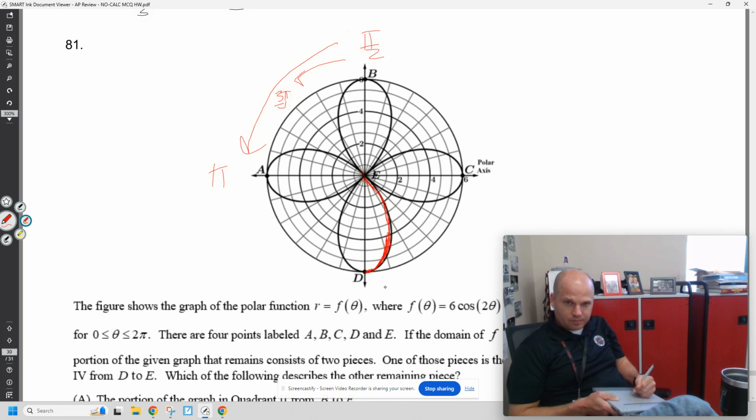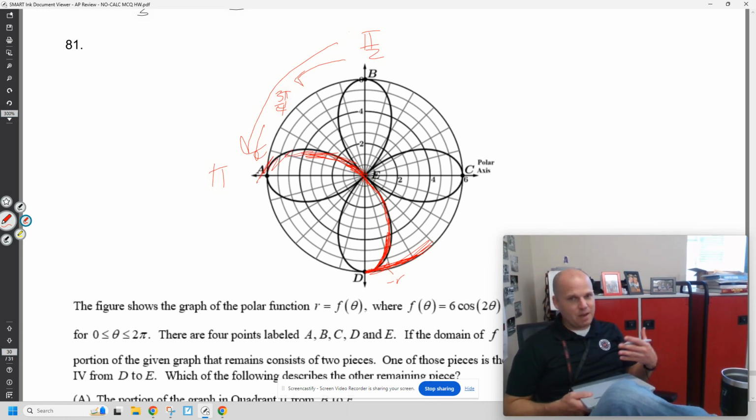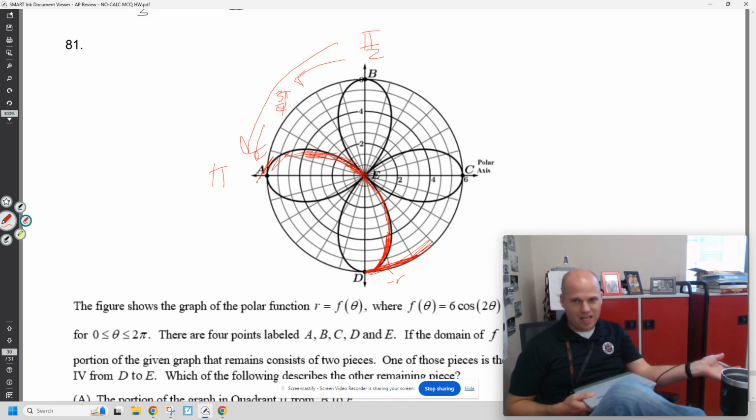You can see these are negative radiuses from pi over 2 to 3 pi over 4. They're existing right there. Which means from 3 pi over 4 to pi, I'm probably not bouncing off things. I'm probably going to continue on through here and go e to a with my positive radiuses. That is my portion. It's going to be d to a through e.